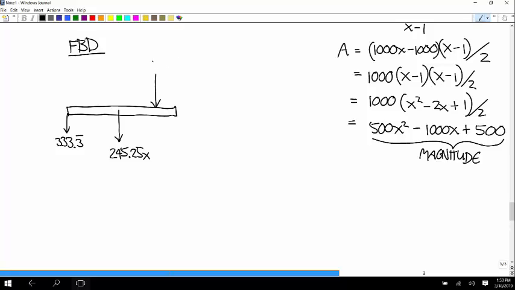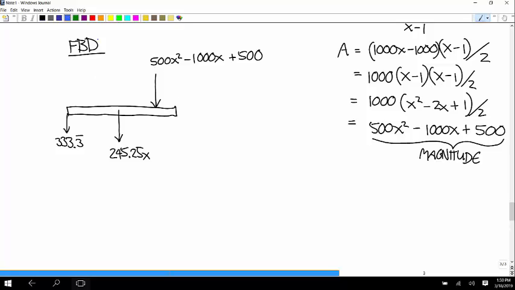And it has a magnitude of 500x squared minus 1000x plus 500. And let's come up with a distance here.